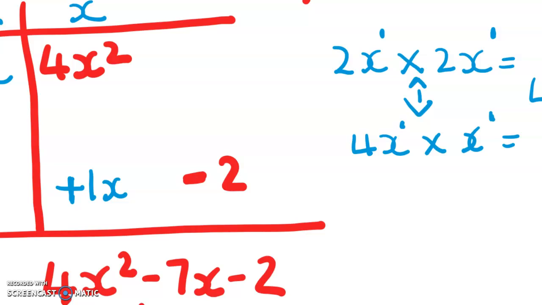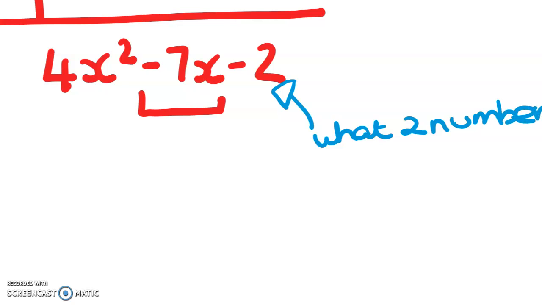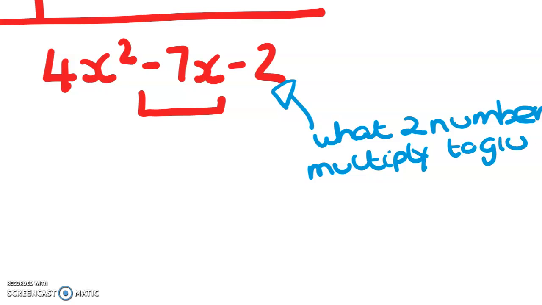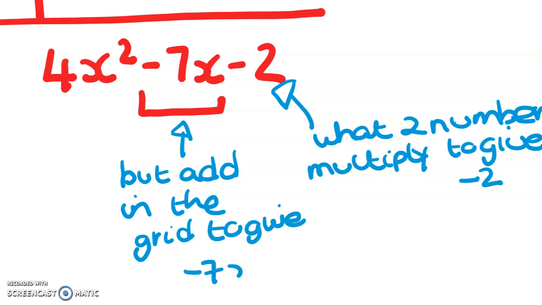Now, what's very important for the next part is that see these three terms, what two numbers multiply to give, and in this case, lads, minus 2, but add in the grid to give minus 7x.